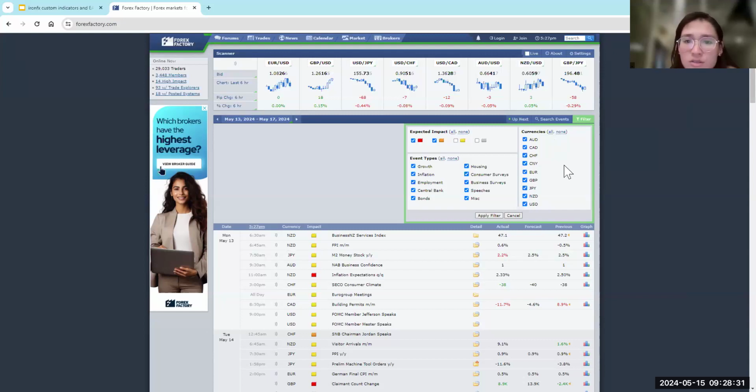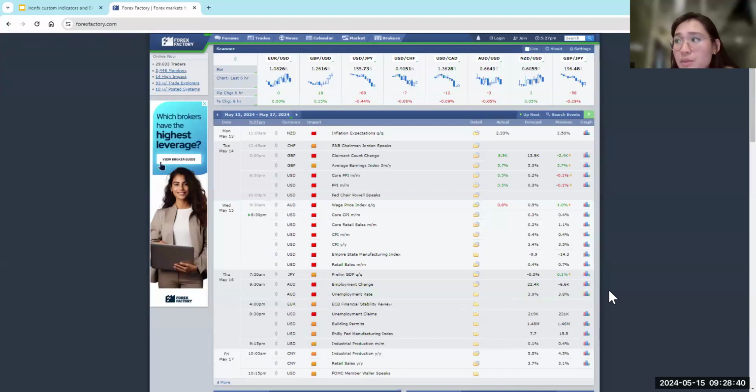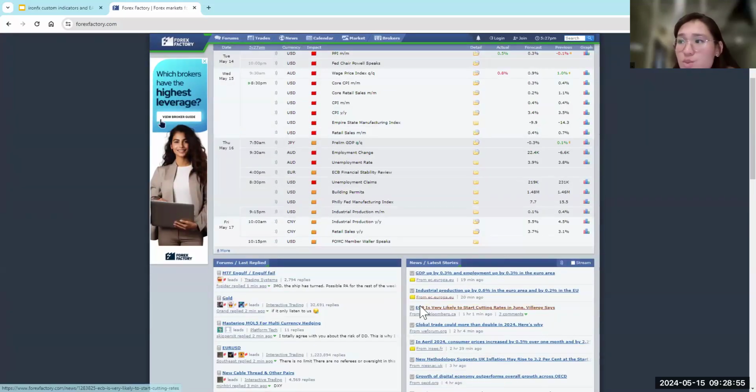You can narrow it down to just the currencies that you're trading and the different event types as well. So then we have all of the events for the upcoming week at one glance, and the currencies that they will be impacting, the forecasted values, previous values, and it also tells you the actual data once it's released. There are a bunch of forums you can take a look at as well.